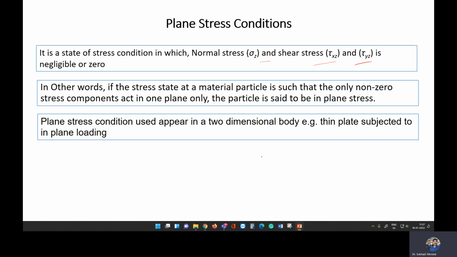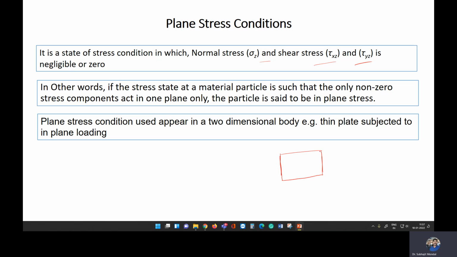Now, for example, if you have a body, in real life we will have a three-dimensional body, but in that three-dimensional body there can be a condition in which the force or stress is applied in a plane.